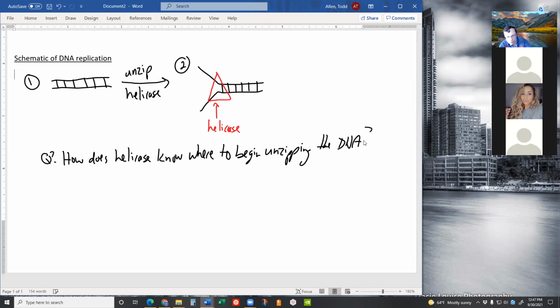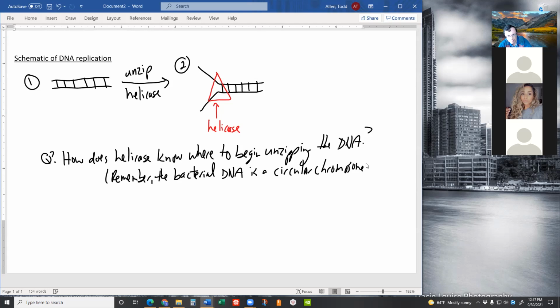Remember, folks, right now we're talking about bacterial DNA replication. So that means the DNA is part of a circular chromosome, okay? Remember, the bacterial DNA is a circular chromosome.